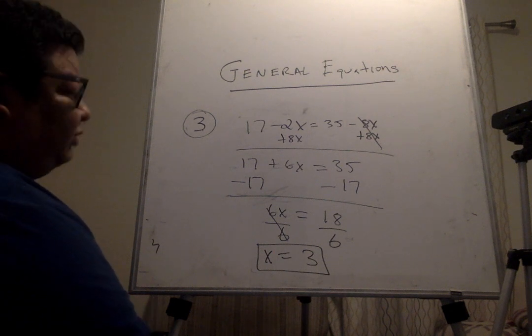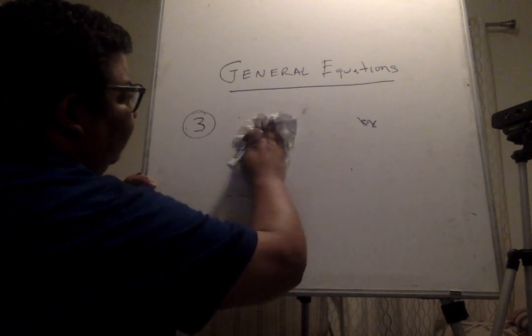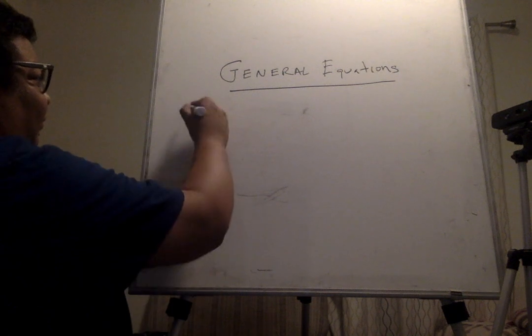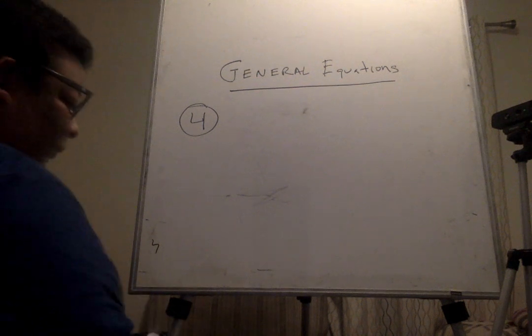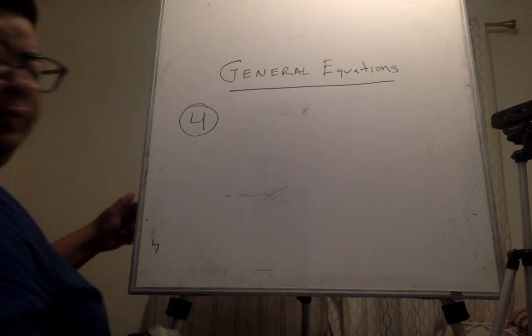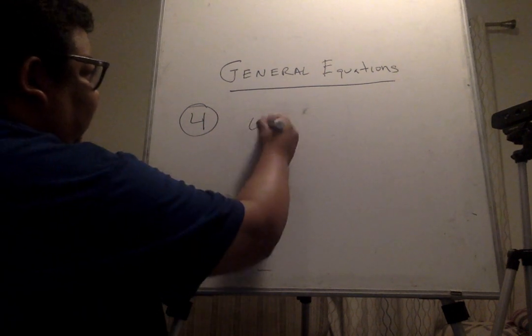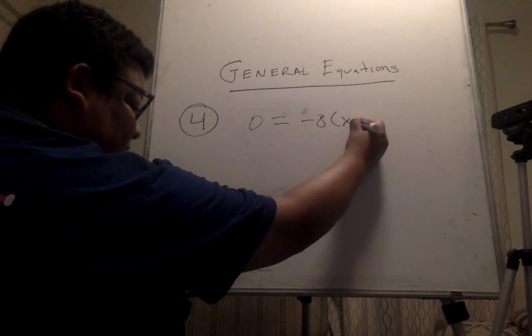Let's go to our next example, problem number 4. Problem number 4 says that 0 equals negative 8x minus 5.